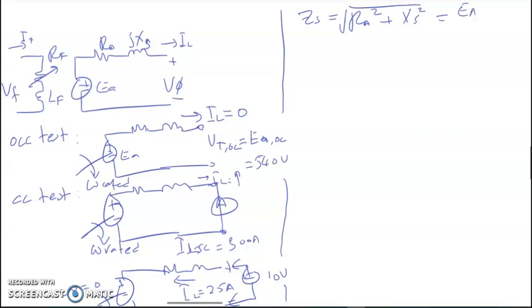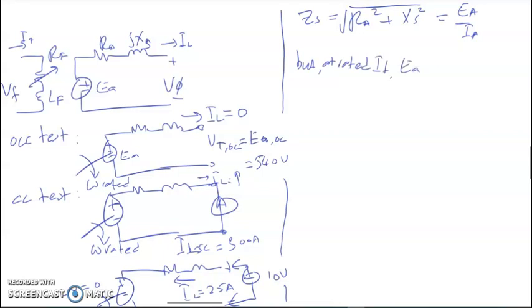At the same time, ZS is equal to the internal generated voltage EA divided by the armature current IL that flows through the circuit. So the impedance is the generated voltage divided by the current that flows through the whole circuit. So the total impedance.